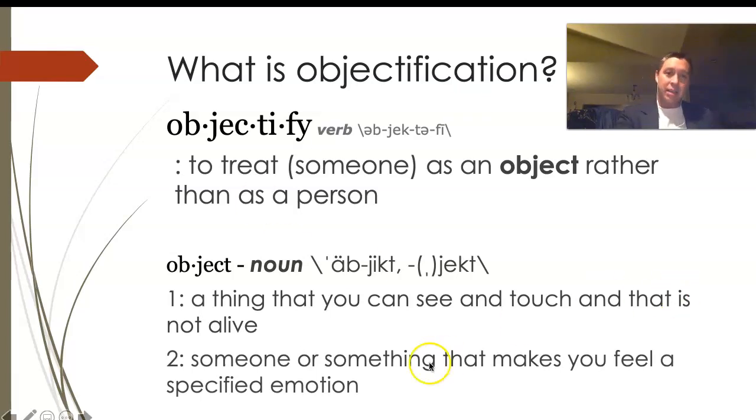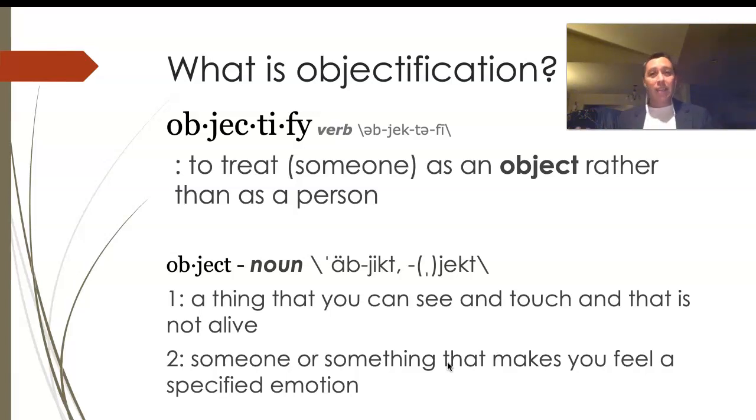Look at both of these definitions of objectification. This one, you can see and touch it, but you don't treat it as a living, breathing human being. And the second one is someone or something that makes you feel something. It's not about them, but it's about what you feel and what you're getting out of it.